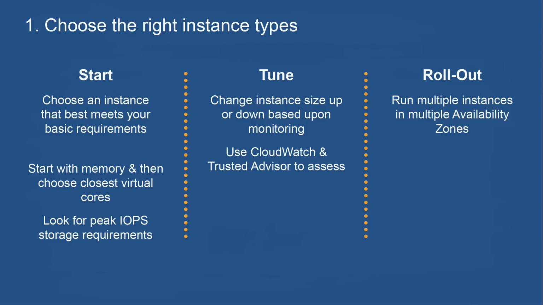So we recently announced a new T2 series family, which is a series of instances that offers an ability to burst CPU performance. And this replaced something called the T1 Micro, which was the previous generation smallest instance that we had. And also it overlaps with some of the M1 family, so the small and medium M1 series family.